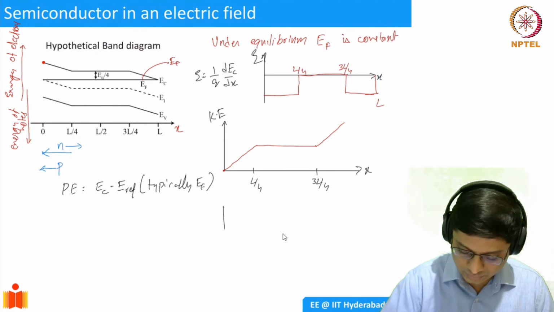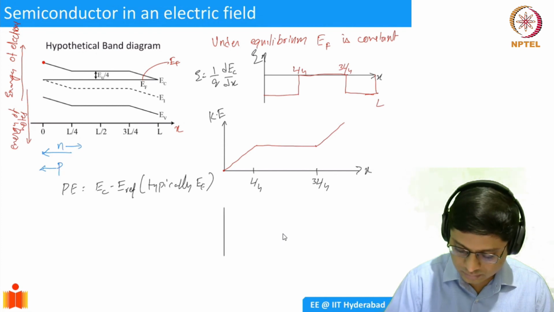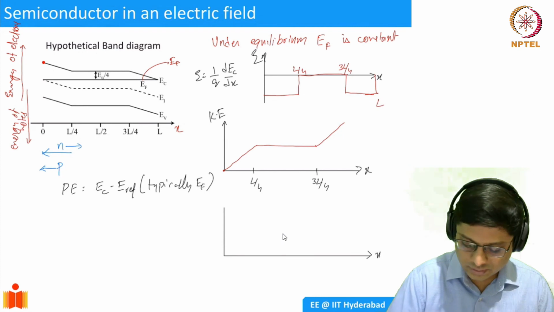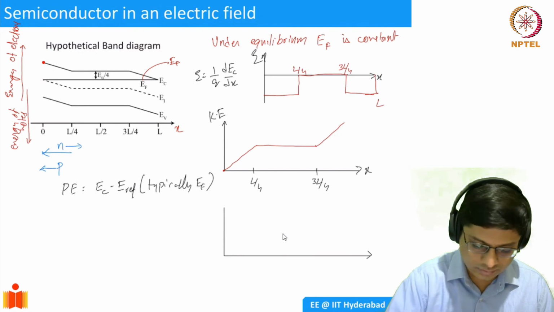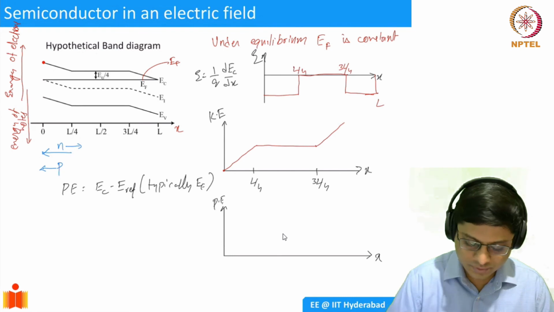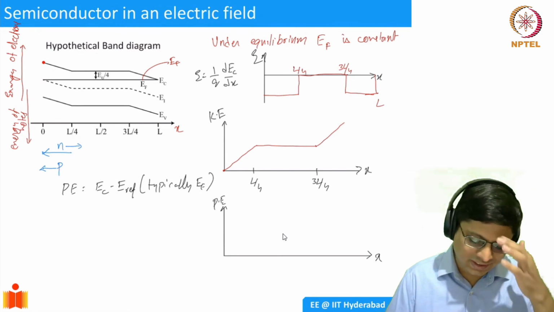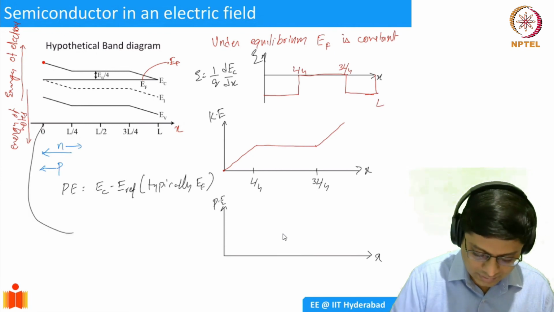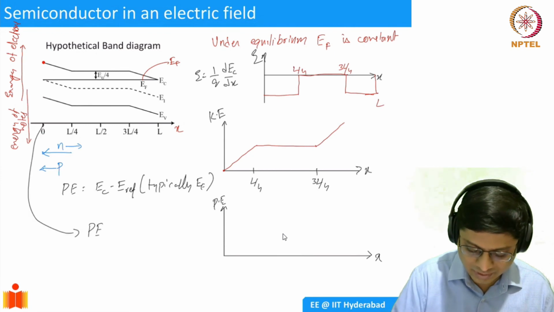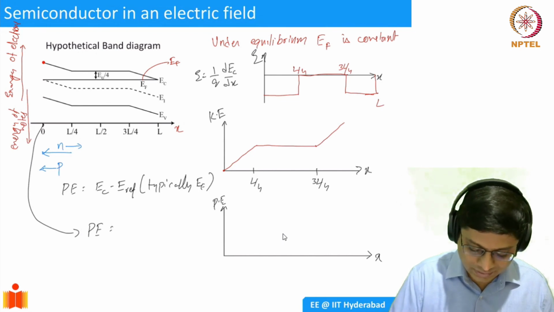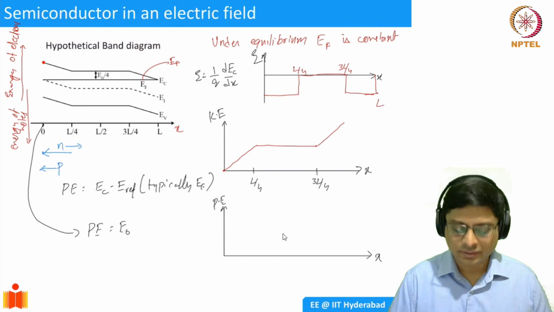So here, with x on the horizontal axis, this is the potential energy. Initially, let's say there is some potential energy at x equal to 0. Let's just call it E naught.